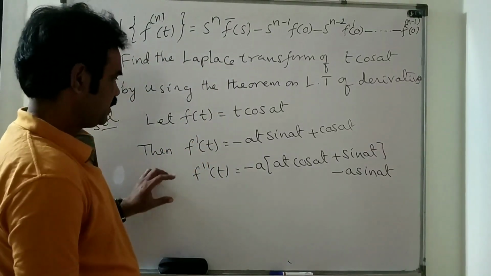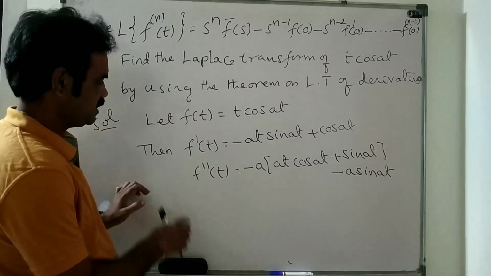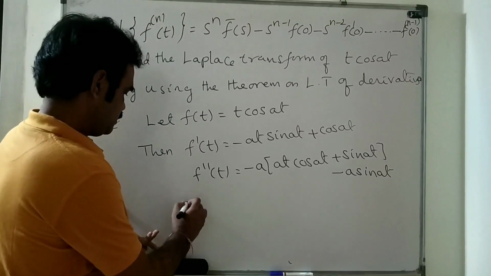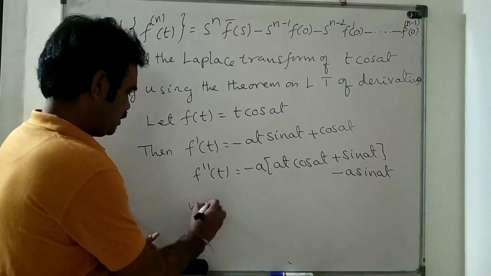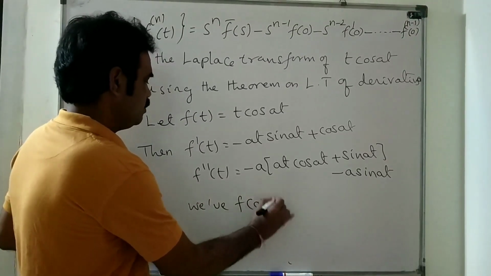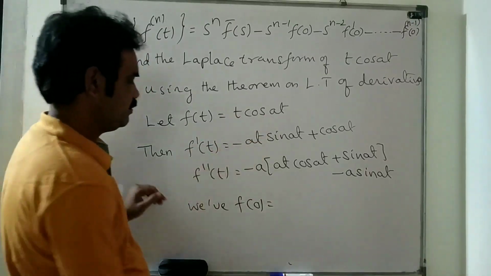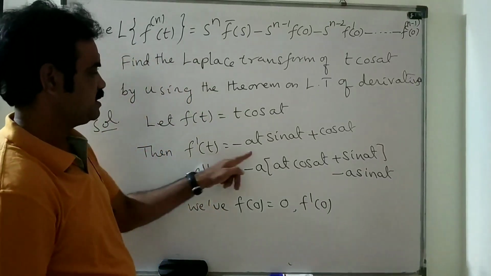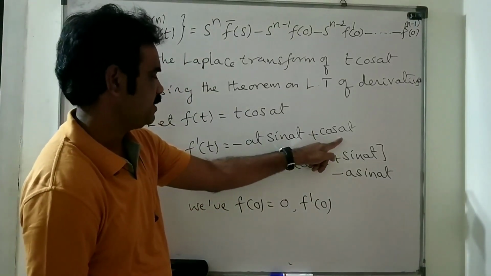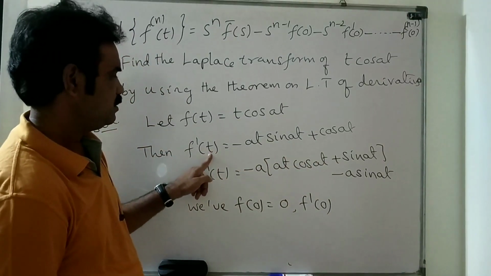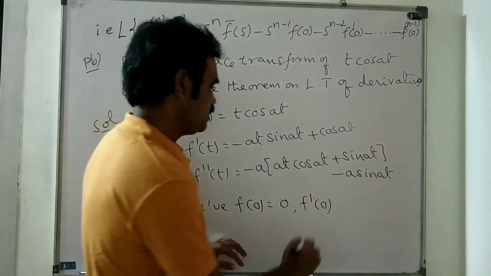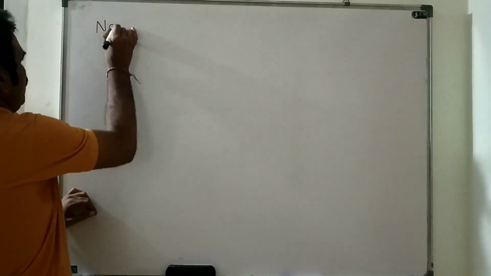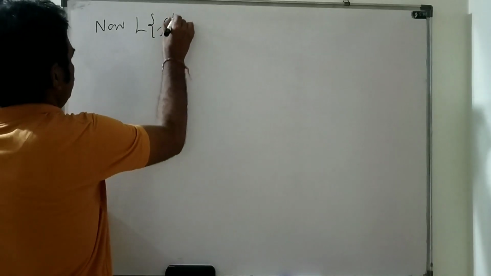Now we apply the theorem on Laplace transform of derivatives for the second derivative of f, that is for f''(t). So we have f(t) is t cos at, f(0) is 0. f'(t) is minus at sin at plus cos at. If t is 0, then this becomes 0 and cos 0 is 1, so f'(0) is 1. Now L of f''(t).